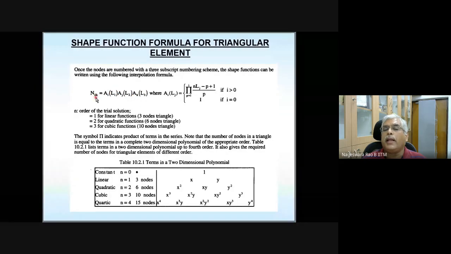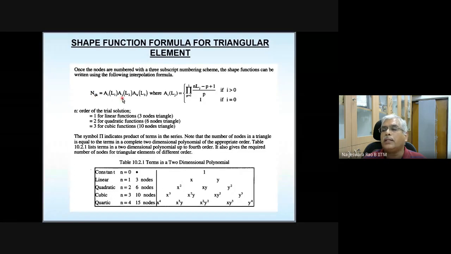And finally, here J takes value equal to 1. So it's going to be A1, L2. Substitute here, I is equal to 1, J is equal to 2. It's going to be A1, L2.